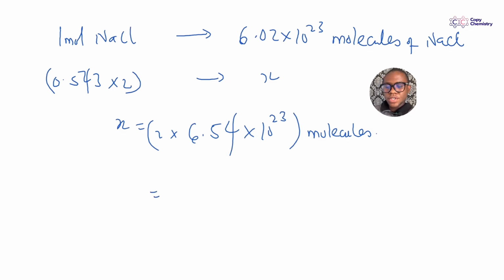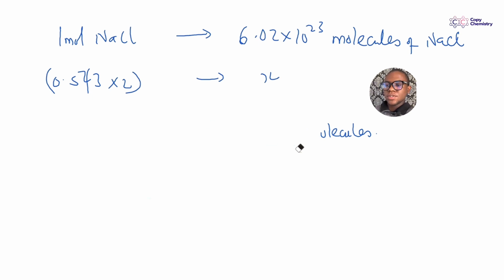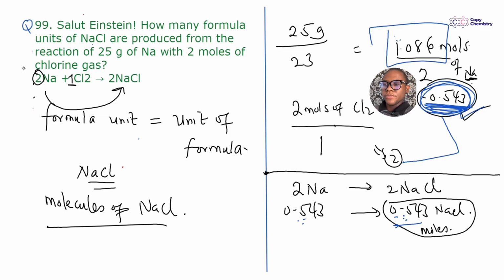All this extra correction I'm doing, you would not really need to do if you are using the correct thing. The mistake that I just made was to go ahead and use the 0.543, which is just a ratio, an arbitrary thing. You have to use what you have, which is 1.086. That's what we're given in moles. So that's the number of moles that I should have used here, 1.086, and it will also produce 1.086 moles of NaCl.